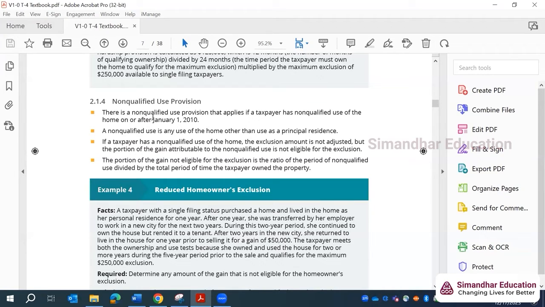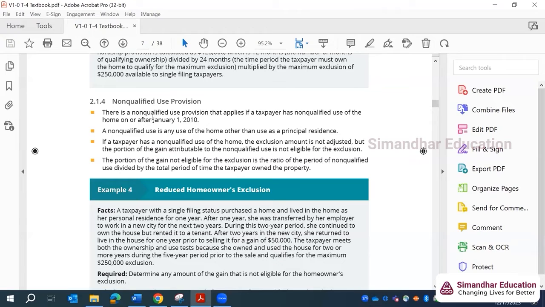You bought the house to stay there, but now you're using it as an activity to make revenue out of it. So in that case, the Internal Revenue Service, which is the body that governs US taxation in the United States, says, see, we provided this provision to you because it was a provision for individuals for their primary residence.